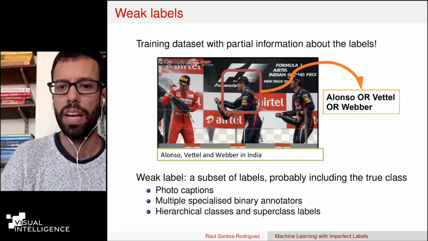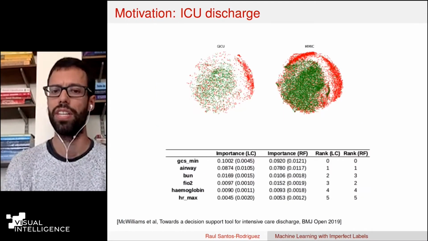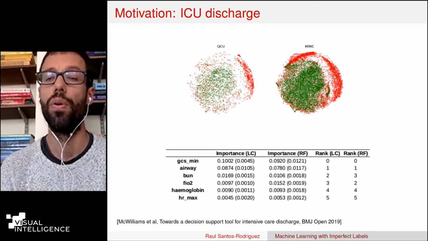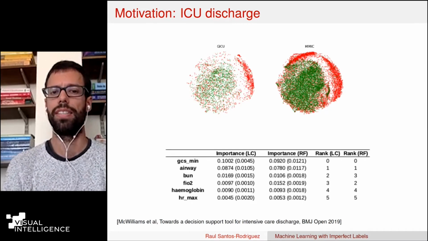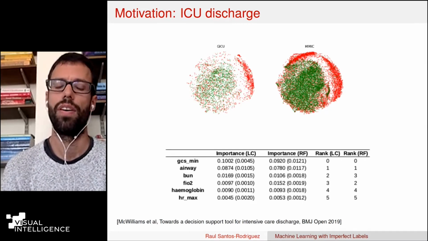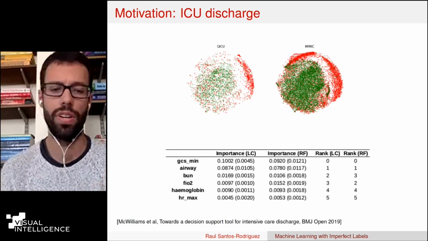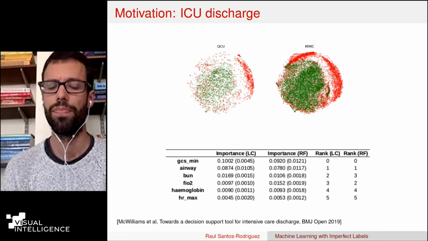As Michael was saying, we are also very interested in healthcare applications, and I'm showing here an example of the work that we do with the hospital in Bristol to try to predict discharge in the intensive care unit. There we measure a number of variables to do with the vitals of each patient.